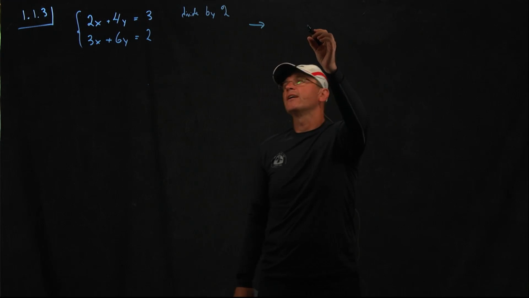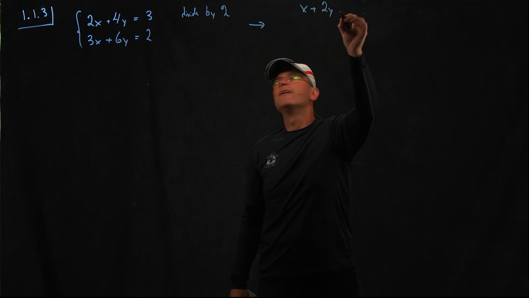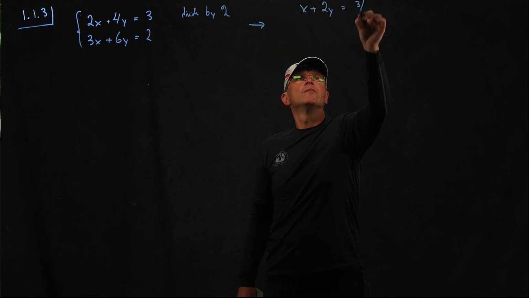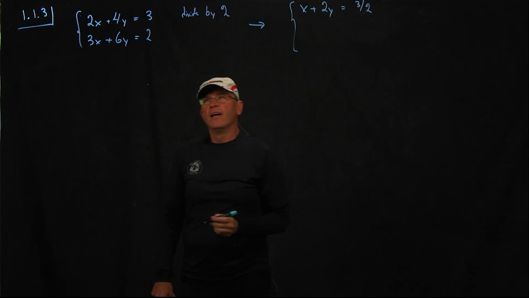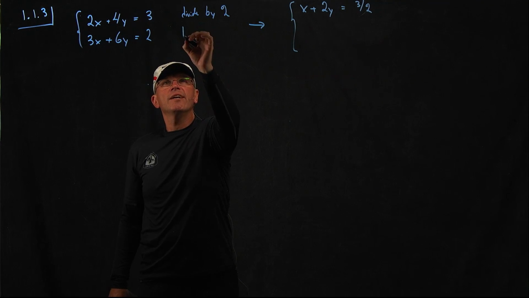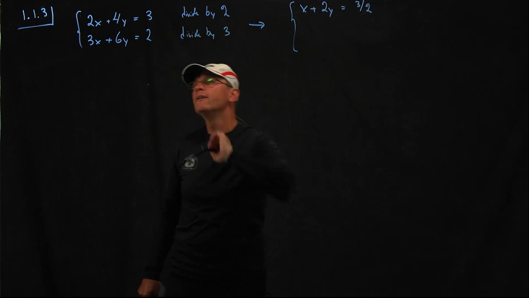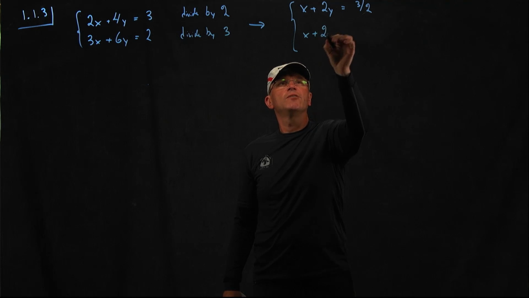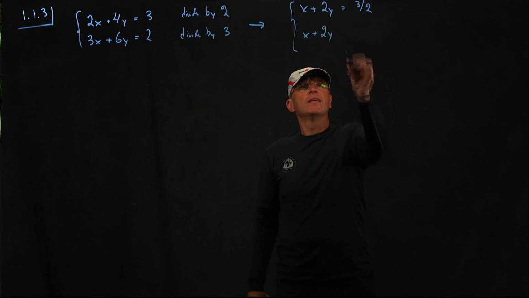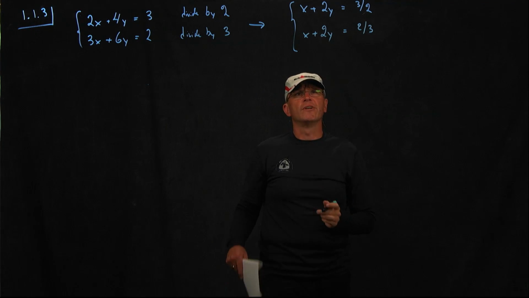So that gives us x plus 2y equals 3/2. And if we divide the second equation by 3, then we get x plus 2y equals 2/3.